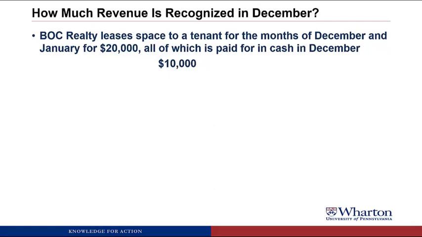But the question is, how much have we earned in the month of December? If BOC is getting paid for December and January, the way they earn revenue is by providing space to the tenant for December and January. BOC's only provided space for December, so they can only record revenue for December, which would be 1/2 of the $20,000 or $10,000. That's the amount that's been earned in December.